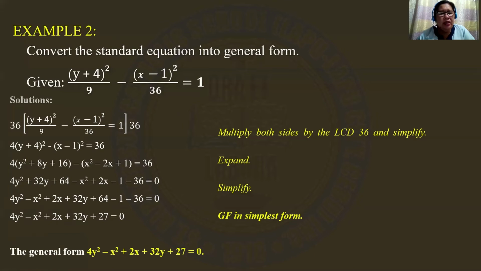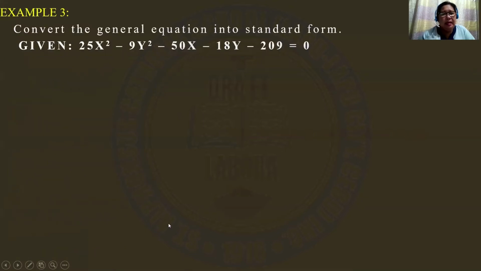So again, the general form is 4y squared minus x squared plus 2x plus 32y plus 27 is equal to 0. Next example. Convert the general equation into standard form.